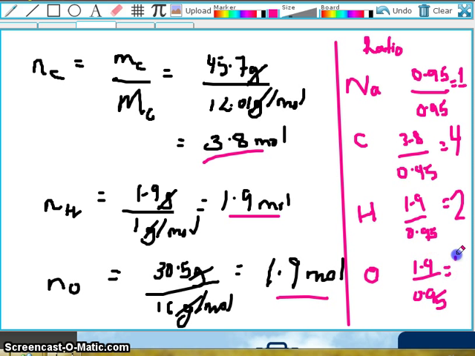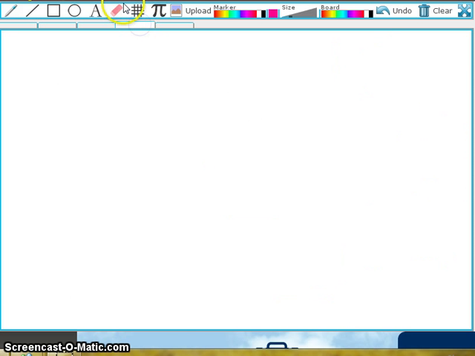Sorry for my handwriting there, it's getting a little bit ugly, but you get the point. So we have established a ratio, so it's 1 sodium to 4 carbons to 2 hydrogens to 2 oxygens. So that's your empirical formula right there, so we can write it down. That's your basic empirical formula.